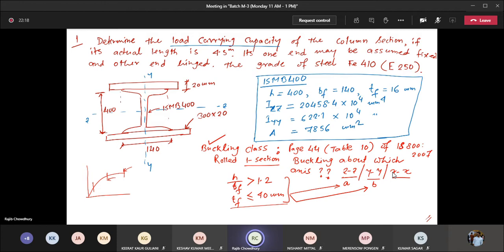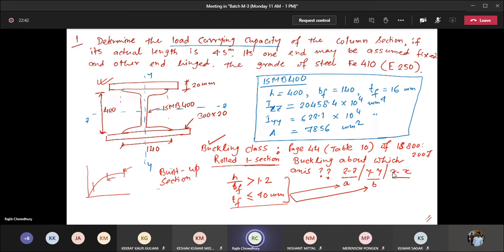Okay, now it is not necessarily that all sections are rolled I sections. It can be something like this. This particular sectional configuration is called the built up section. Built up means B-U-I-L-T, built up section.